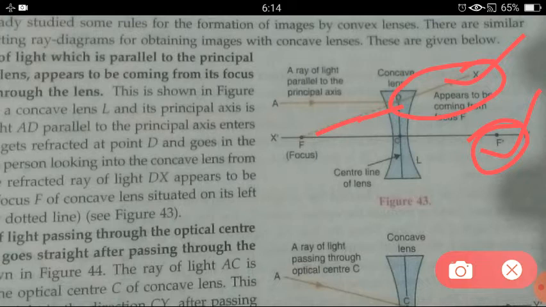When we extend the refracted ray backside, we can see that the ray is coming from focus. So in the case of a concave lens, we will have an imaginary ray which is passing through focus.